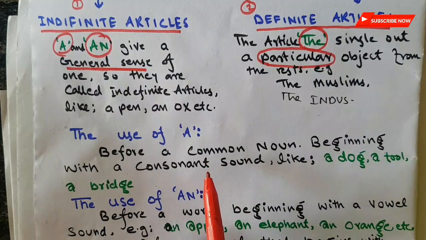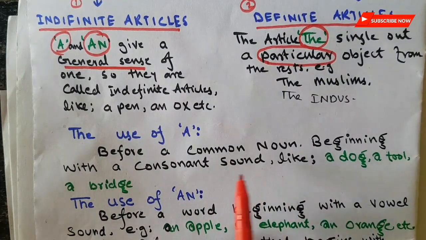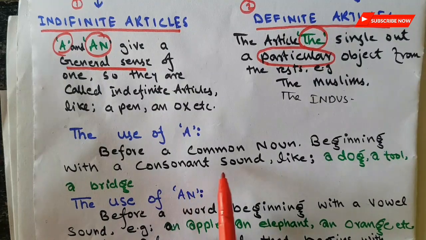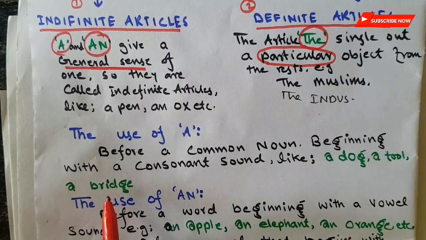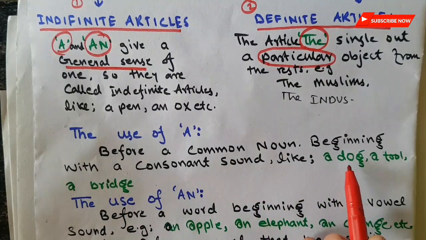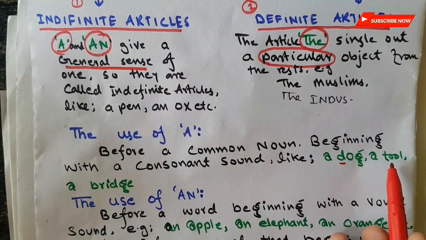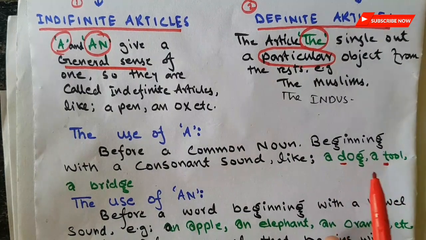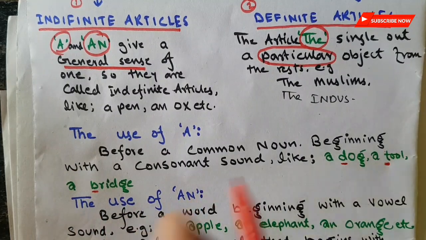Also, it can be used before a word which starts with a consonant sound, like a dog, a tool, a bridge. The first word in a dog, the first word in a tool, and the first word in a bridge belong to consonant sounds.